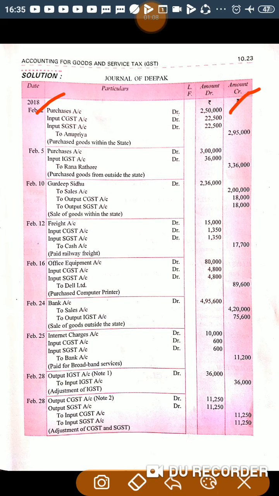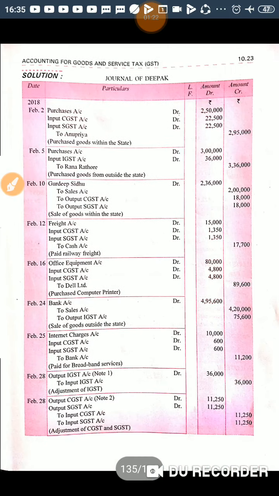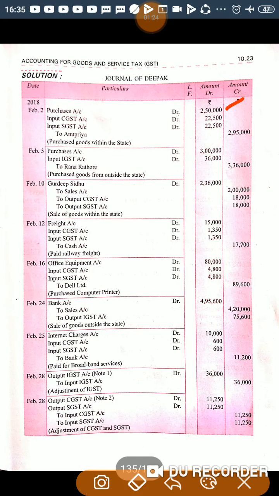Input CGST and input SGST are assets for the business and they are increasing, so they should be debited here. They are 9% of the purchase price, that is 2,50,000. If you calculate 9%, that will be 22,500 each.